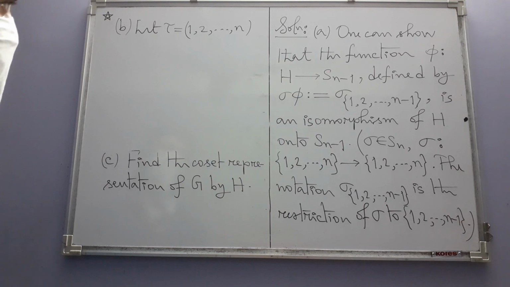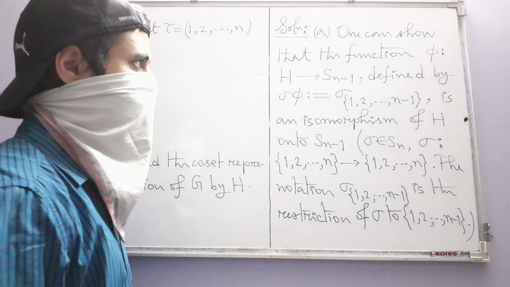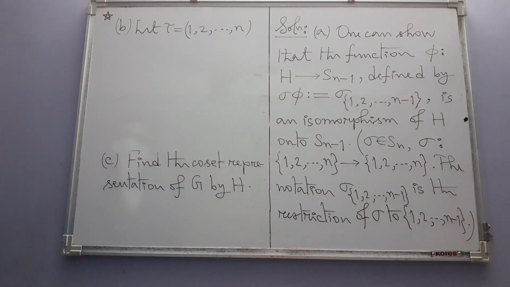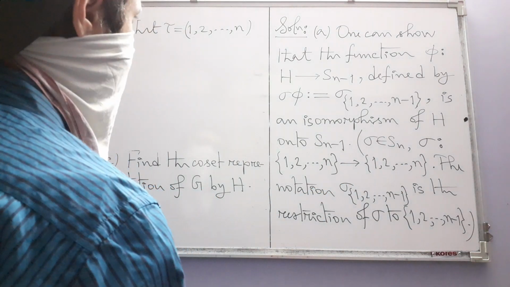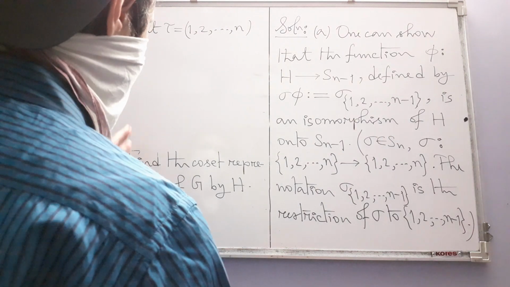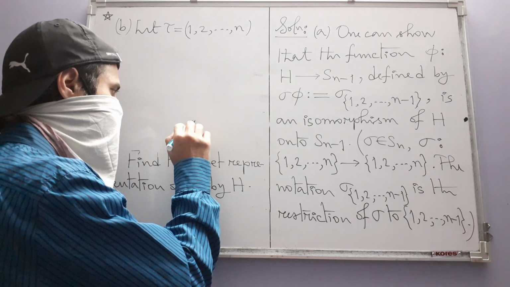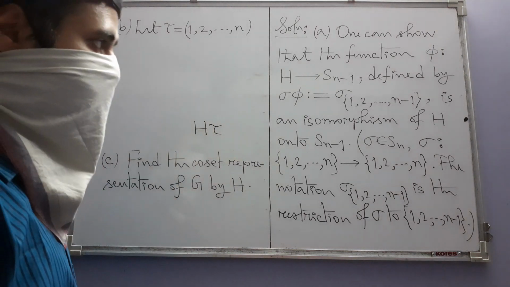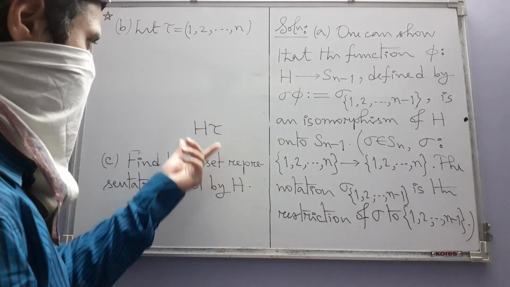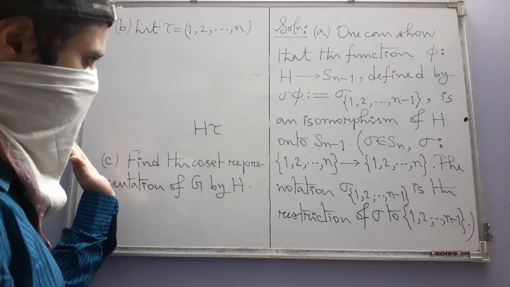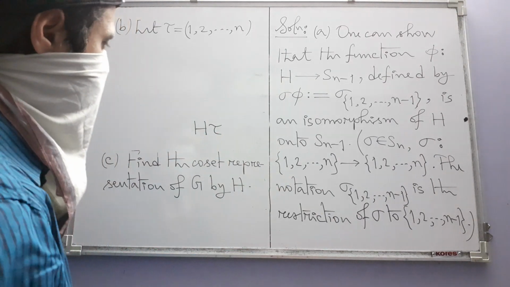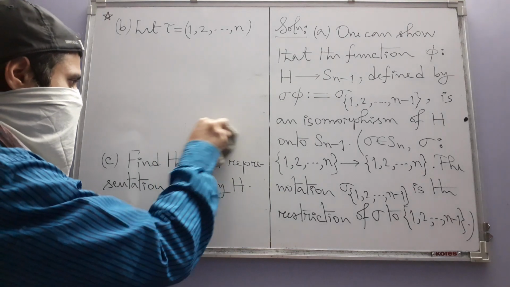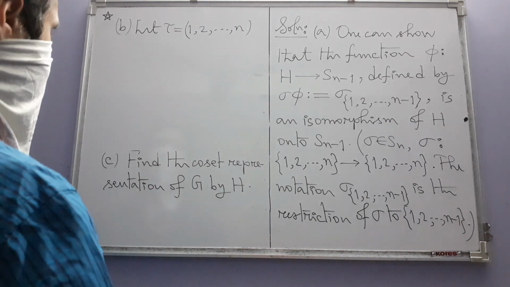Then of course tau is what? Tau after all is an element in Sn, right? So since tau is an element in Sn, you can consider the right coset of H by tau. It makes sense, and in fact not just this right coset, we are going to consider a number of them, and they in fact are going to be all the right cosets of H in G.